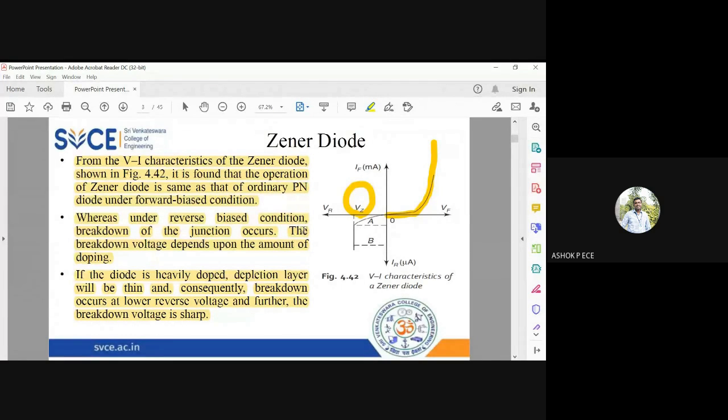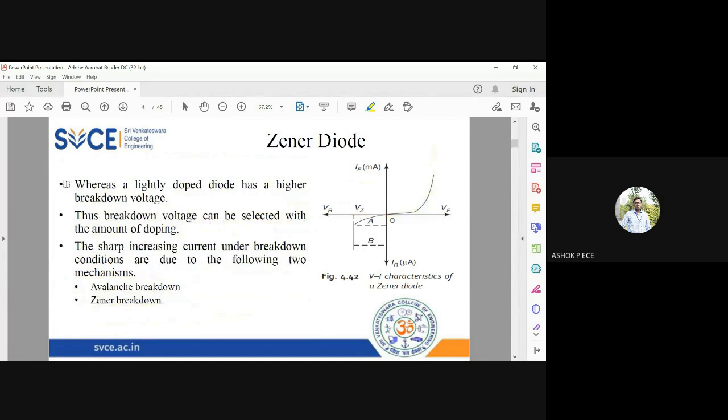Because of this thin depletion region, the carriers cross the junction easily, leading to breakdown. And once breakdown happens, the current starts building up enormously unless you are able to control it by some mechanism.